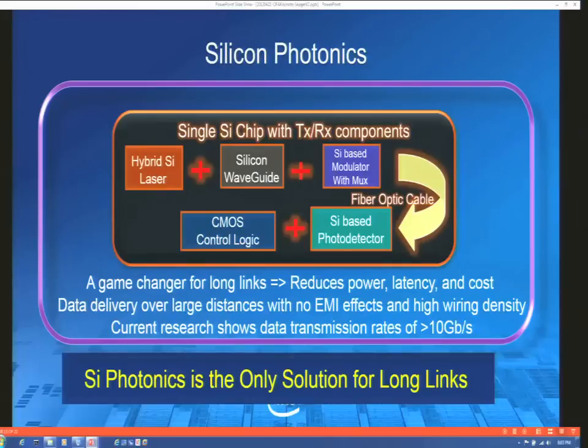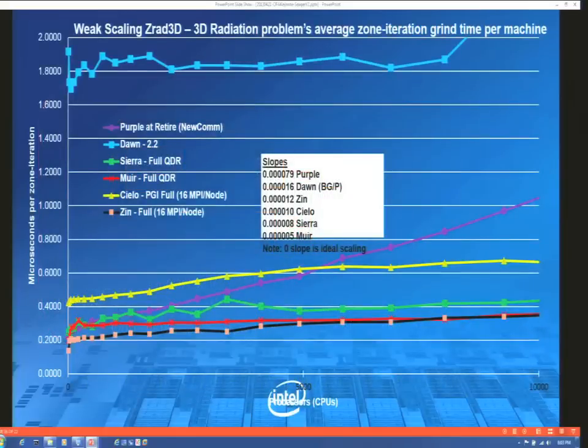In the lab, we see this device being able to transmit above 10 gigabits a second. That goes over a fiber optic cable to give us a wide distance, and the receiving end is the other piece, but it's on the same chip. That chip can be tightly integrated with the processor in a multi-chip module for a very dense solution.